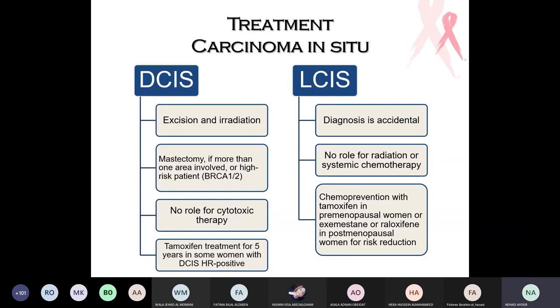Now, we said that to treat the patient we need to know, confirm it's breast cancer. We need to know the molecular subtype. We need to know the histology, in situ or invasive, and we need to know the stage. Okay? To be honest, in hospital practice, being pharmacists, all this information will come to you.